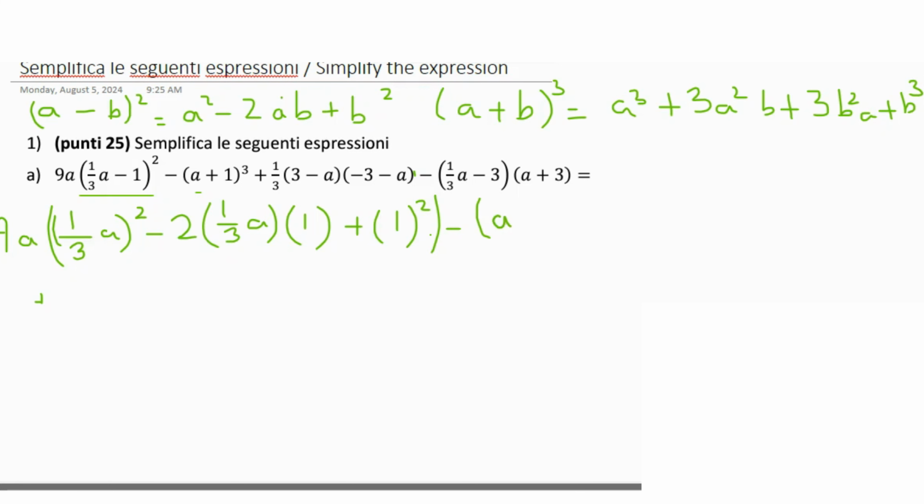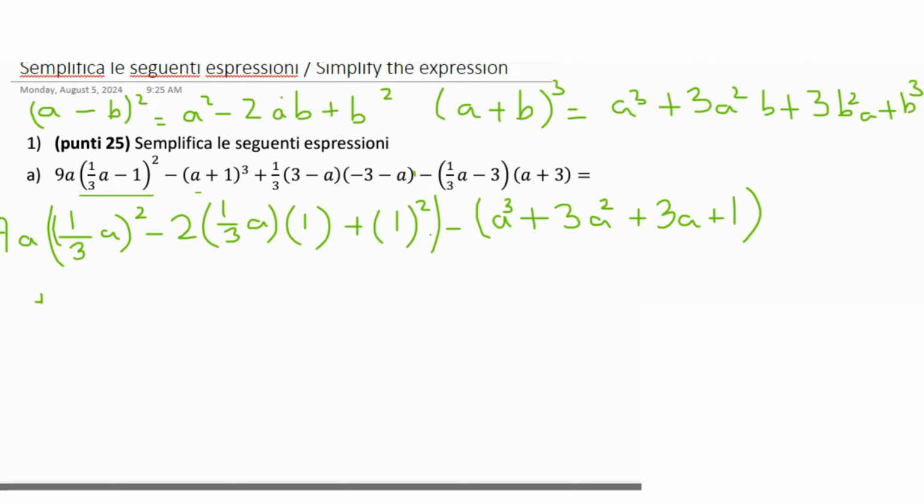It's going to become a cube plus 3a square, since b is 1, plus just 3a because b is again 1, plus 1.